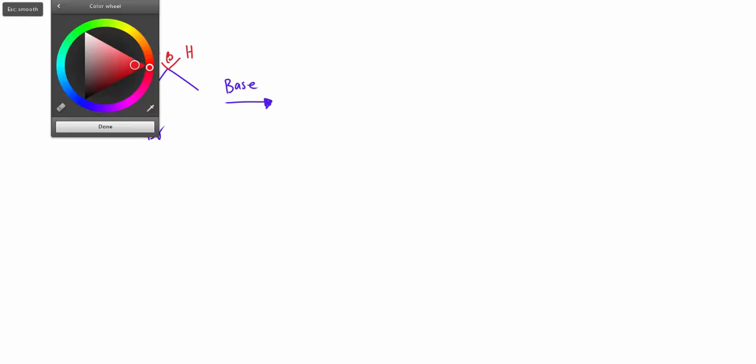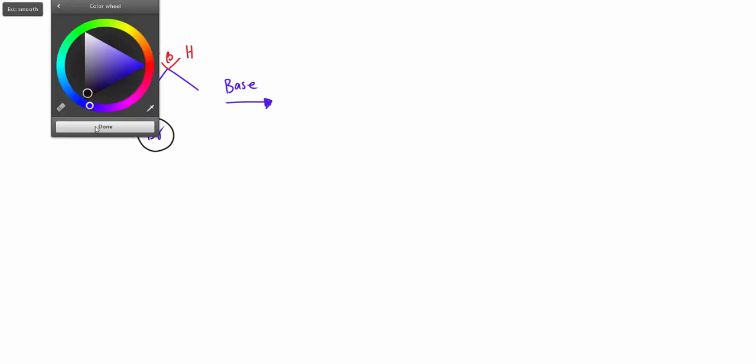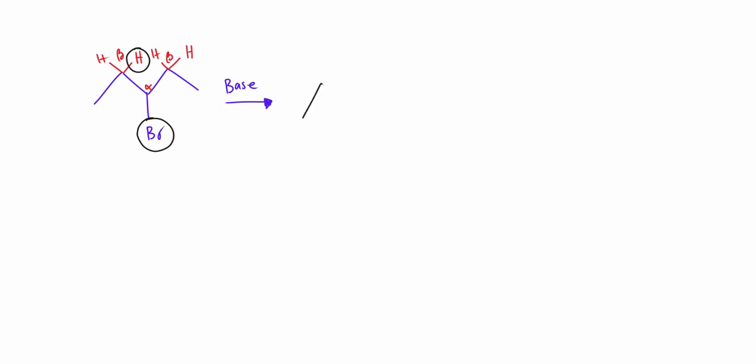So we want to eliminate, so we lose the Br and we lose one of the hydrogens, and we draw a double bond in between the alpha and beta carbon. So we would have this, or if we chose this hydrogen here, we would have that.